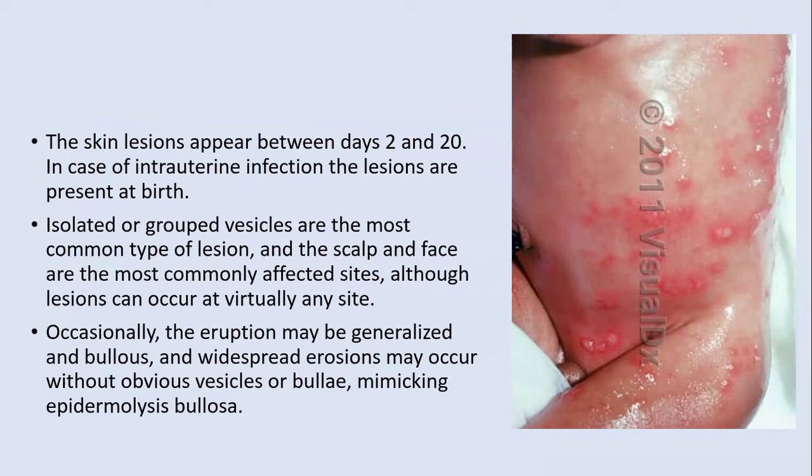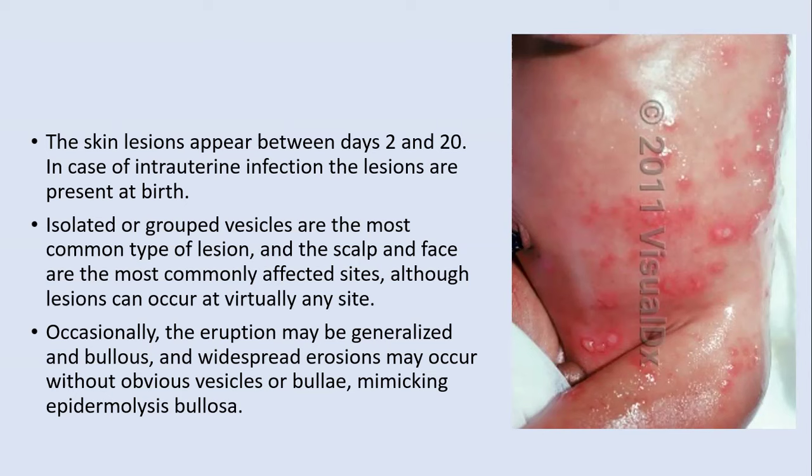And if the disease is affecting the neonate intrauterine, then it is manifest at the time of delivery. It is characterized by isolated or grouped vesicles, which is, of course, the most common type of lesion seen in herpes. The sites are mainly scalp and face, although lesions can occur virtually at any site.